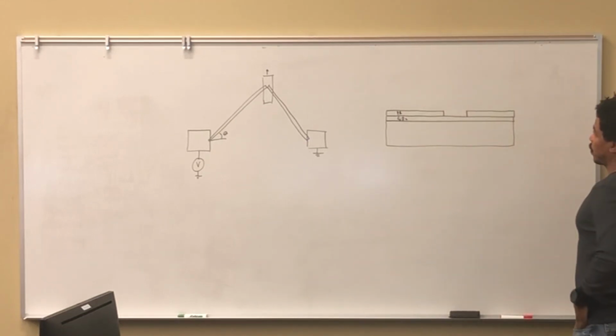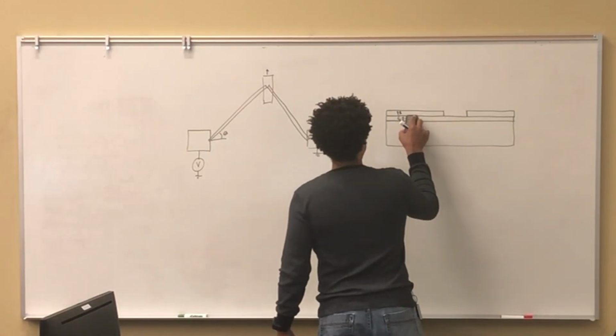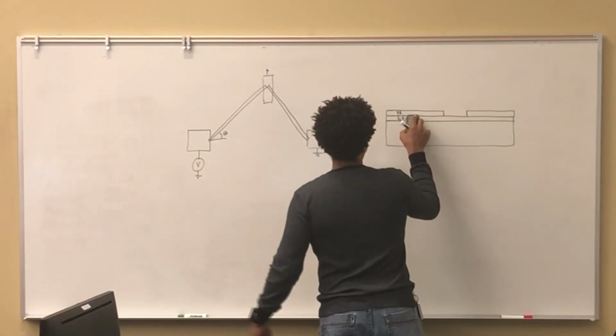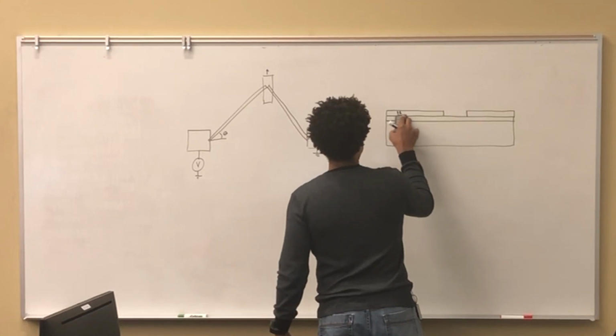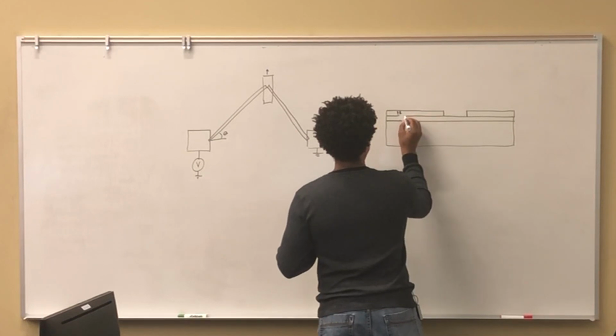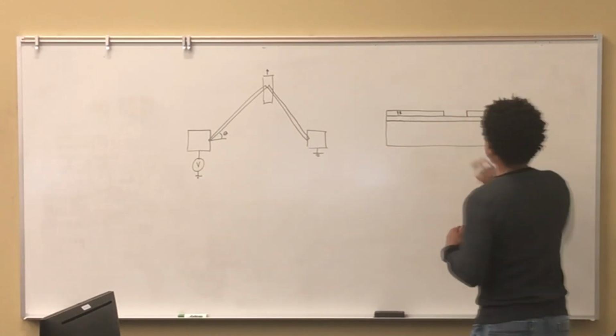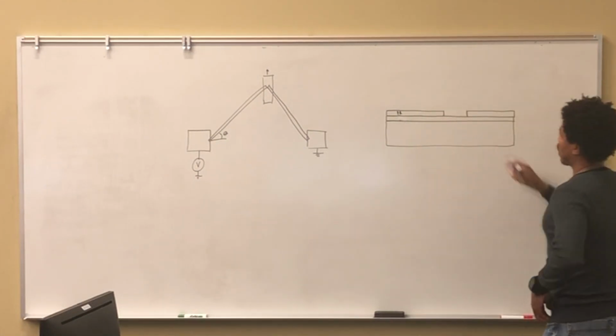And so what you can do is, it doesn't have to be silicon dioxide. It could be other things, let's say it's something like nitride, or just a different kind of material.